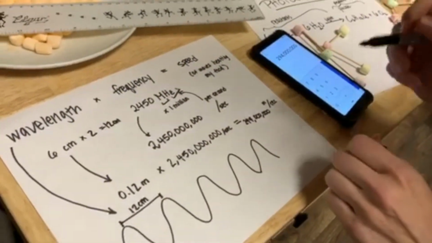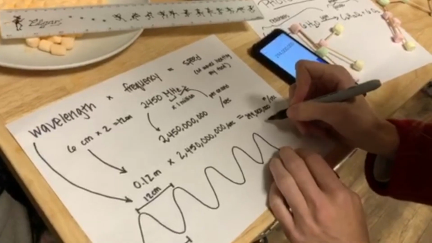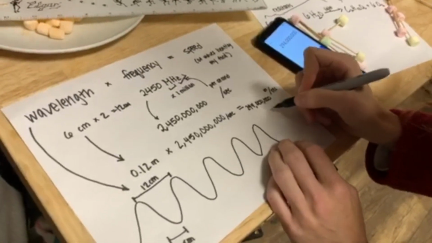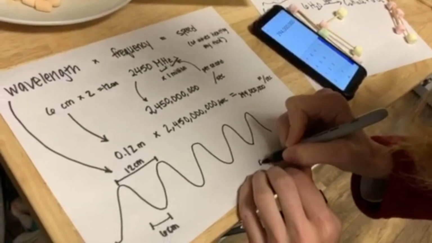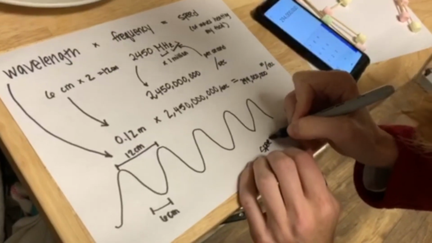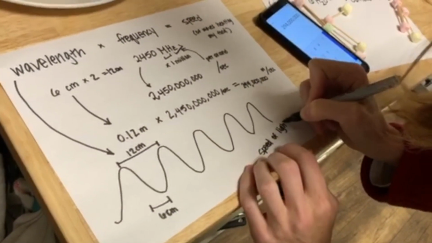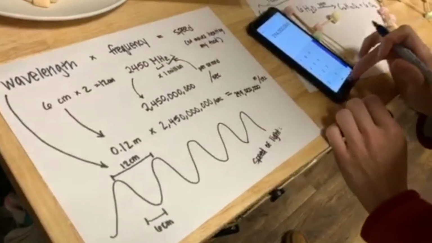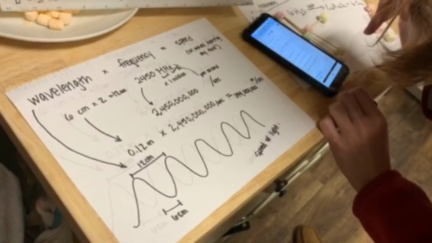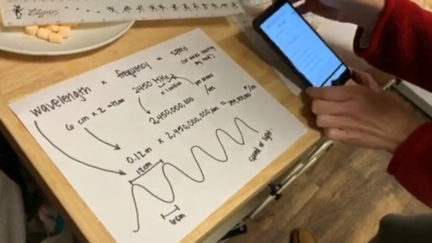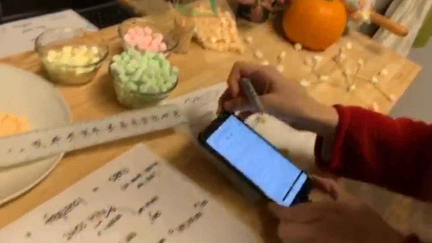Let's see how close we got to the speed of light. So I'm going to look up, like I said, when in doubt, Google it. So the speed of light, look at that, y'all. Look how close we are.